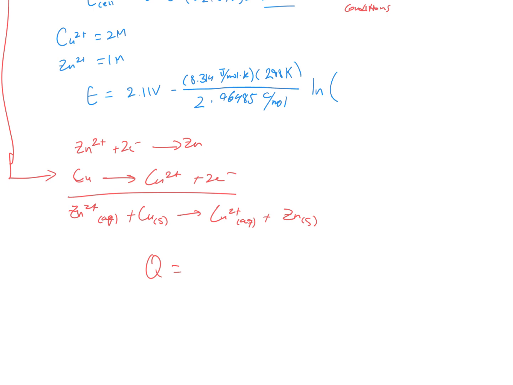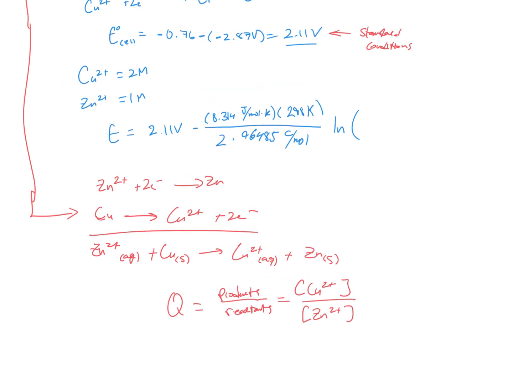And so all it is is products over reactants. Therefore, it's the concentration of Cu2+ divided by the concentration of Zn2+. And so now, all we got to do is plug in our values that I have up here. For copper 2+, this is 2 molar. And for Zn2+, this is 1 molar.